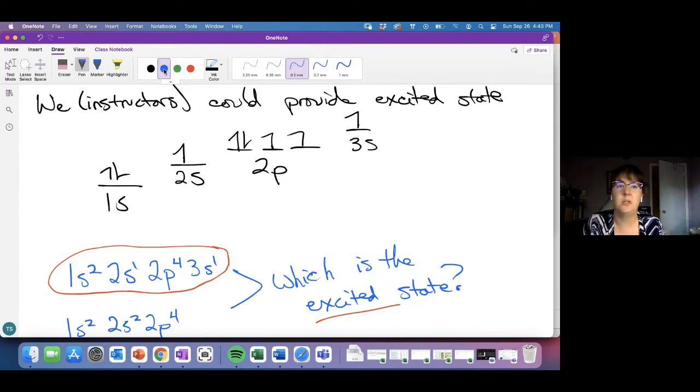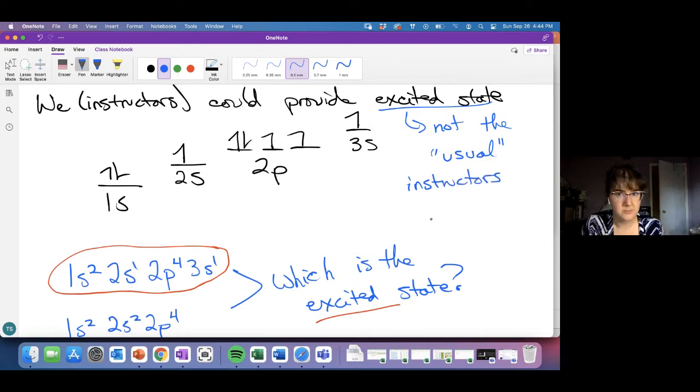I know as soon as we get into excited states, everybody gets kind of nervous. And really the thing to realize is that they're not the norm. They're not the usual. And we have to provide these to you. That's why we had this example down below where I drew some out, and you can analyze and tell me which one of these is an excited state.